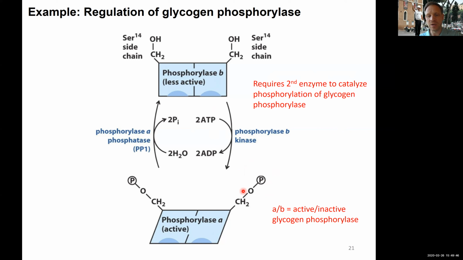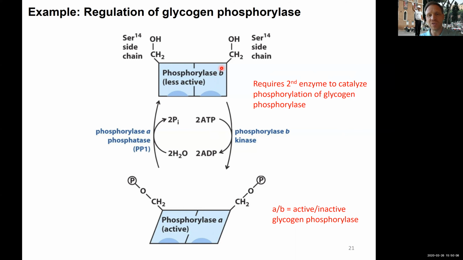And so what you're seeing now is, in its non-phosphorylated form, this phosphorylase is less active. Once you phosphorylate these amino acid side chains, you are making it more active. So that's one form of changing the enzyme activity through covalent modification, in this case, phosphorylation.